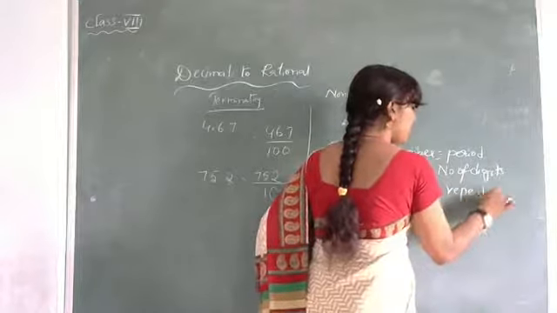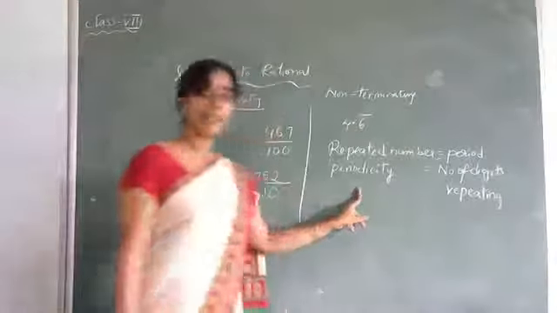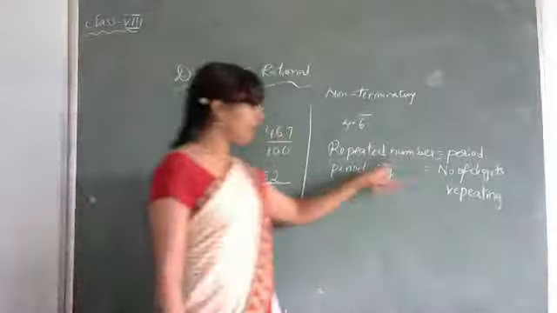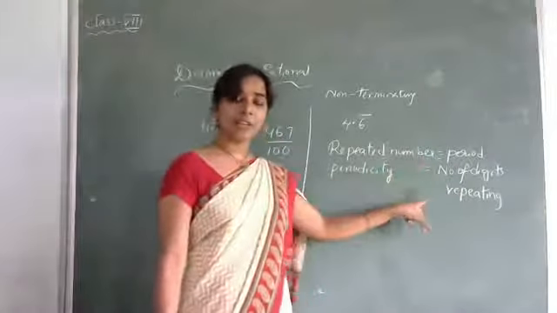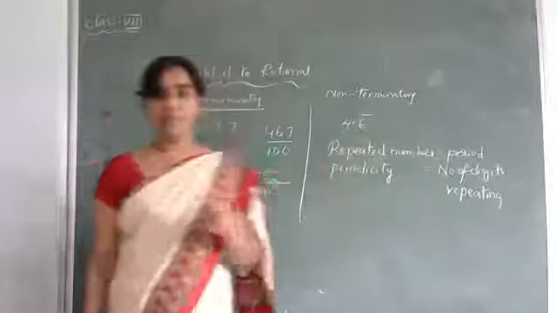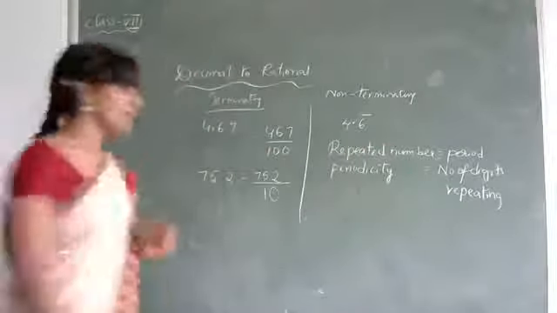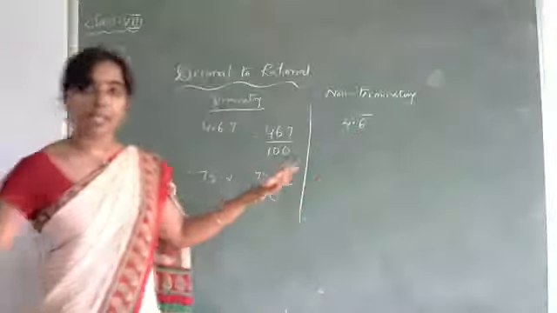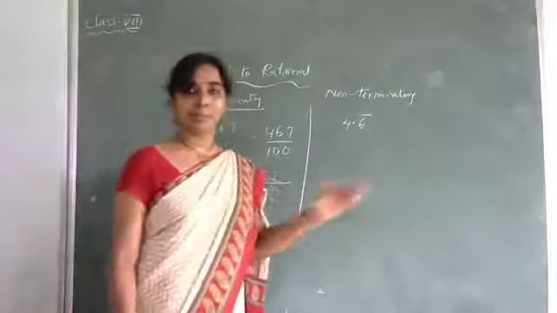Repeated number is called period. Number of digits repeating is called periodicity. So these two names you have to remember, children. Based on these two, this is the most important problem, children. This one only we have to learn thoroughly.